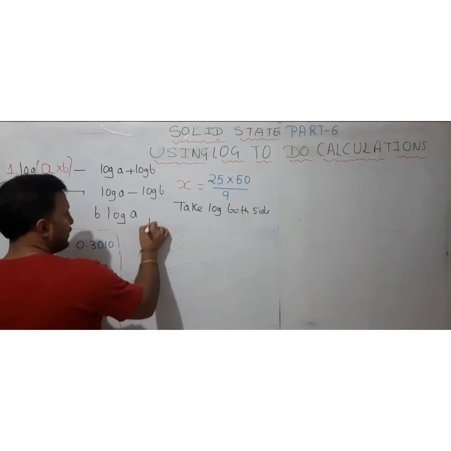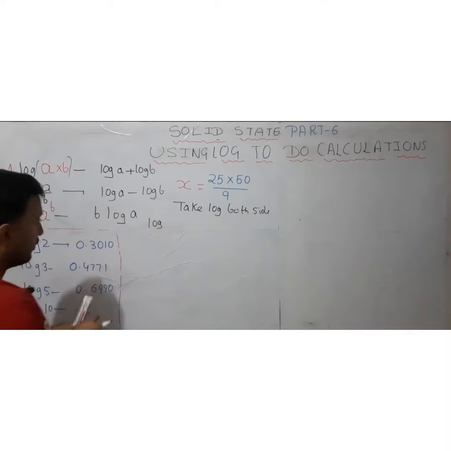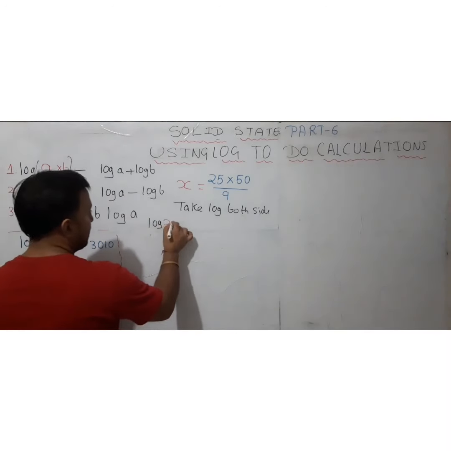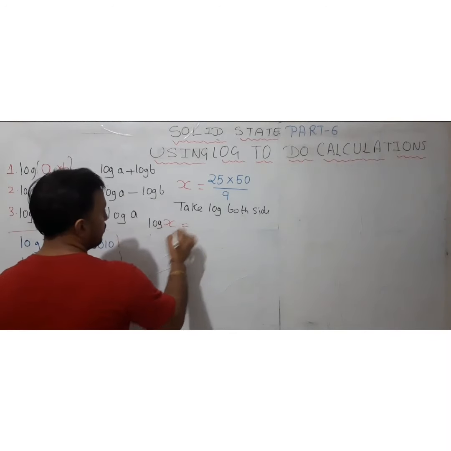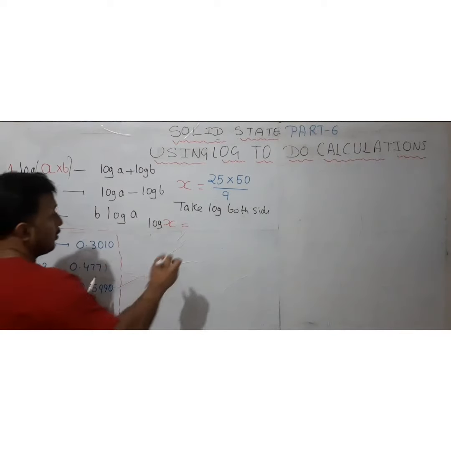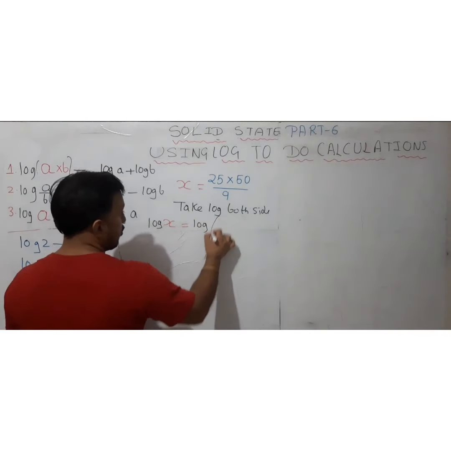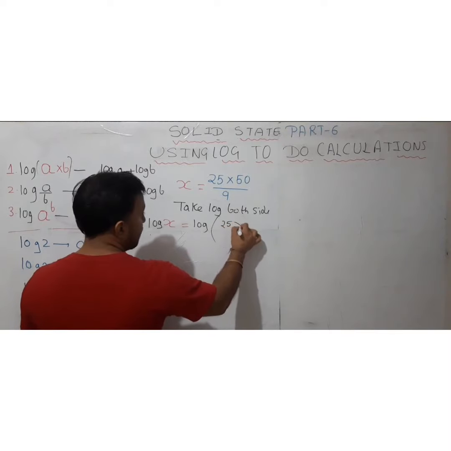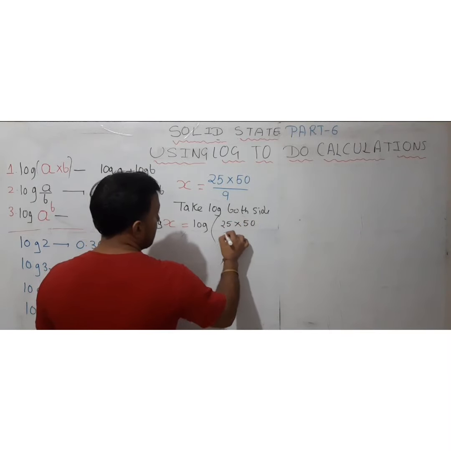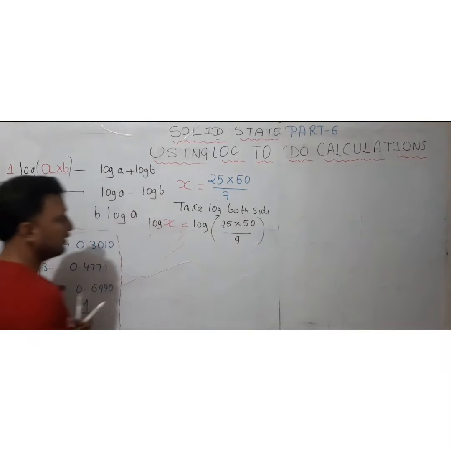Okay, that is, on both sides we have to apply log. When you apply log on both sides, it becomes log x equivalent to log of 25 multiplied by 50 divided by 9, like this.